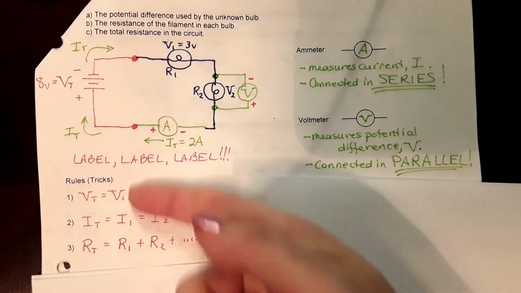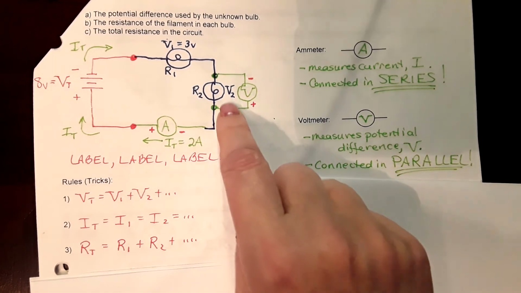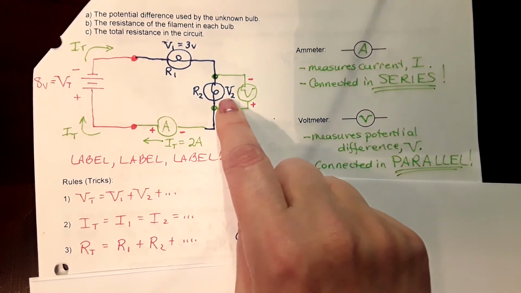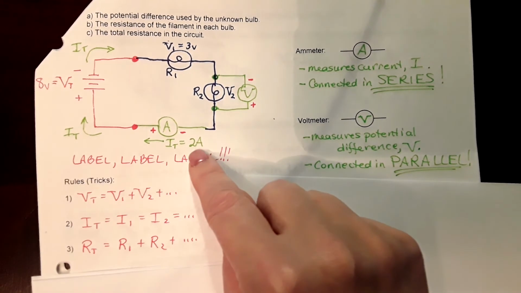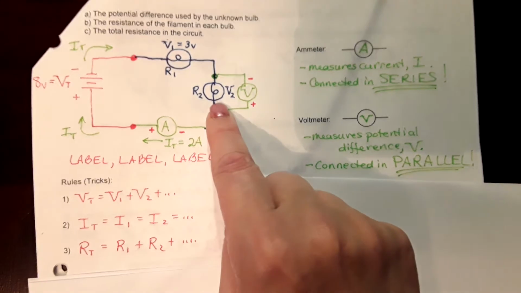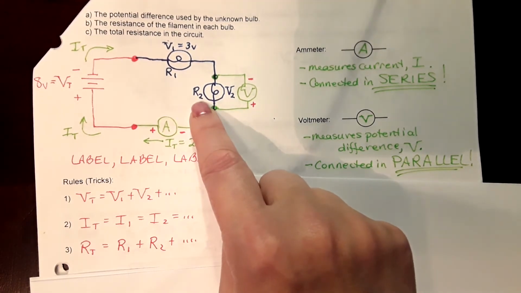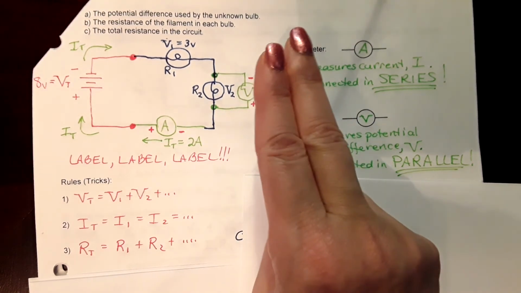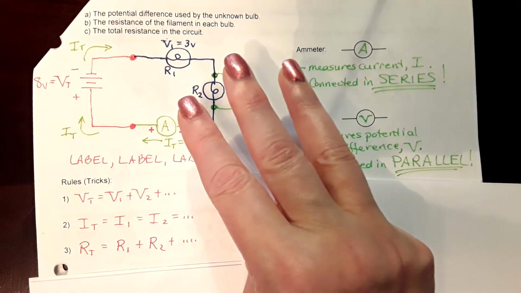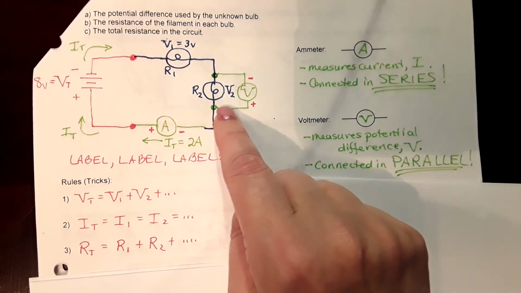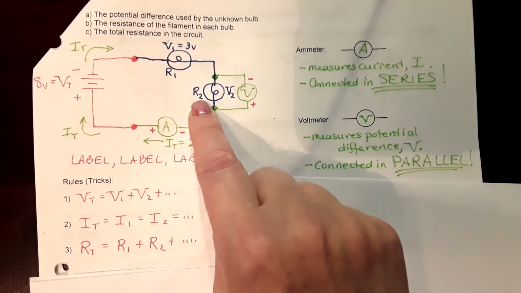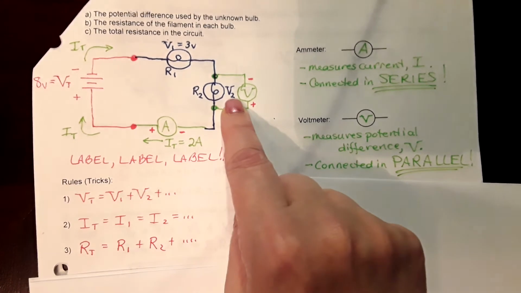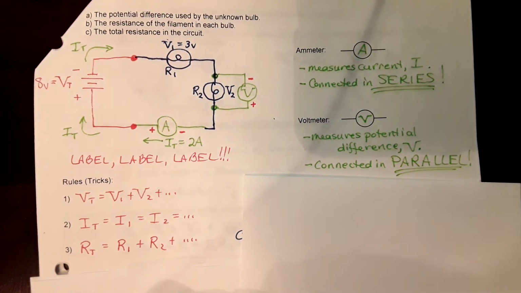We do know the current going through this bulb, it's 2 amps, but we don't know its resistance or its potential. So in Ohm's law, we only have one out of the 3 variables, so we can't solve V equals I times R because we don't know R. Since we don't have enough to use Ohm's law, we have to go to a trick.